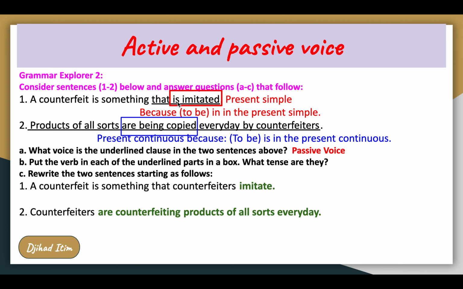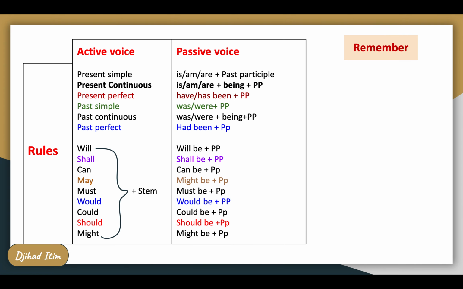For the present continuous, we have is or are plus being plus past participle, for instance, is being imitated.